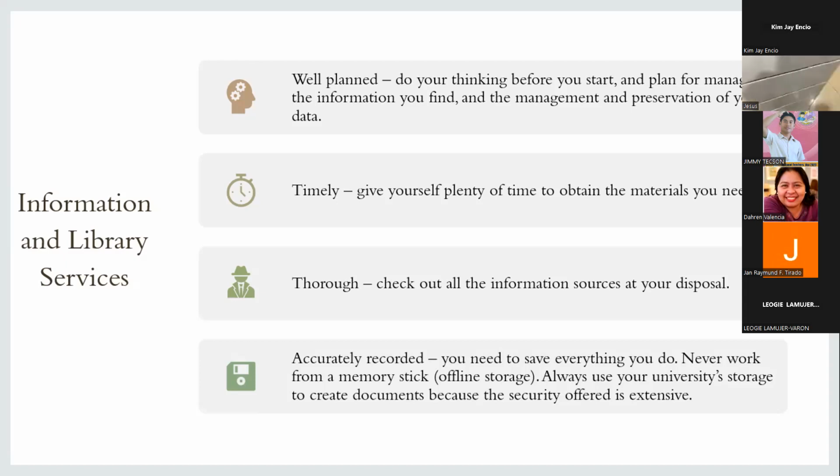But the thing is, if maguba ang laptop mo, it's either you have the other laptop or you have your data on the cloud. So that's one good thing that I was able to observe, or if you're trying to have a good record as well, of your information. So that answered my discussion information and library services.